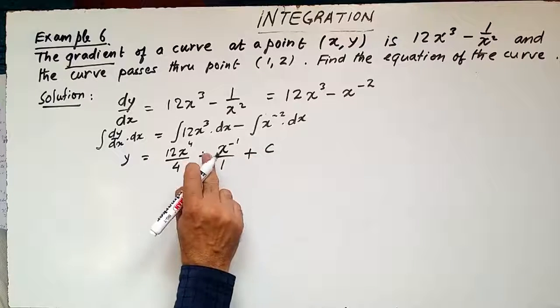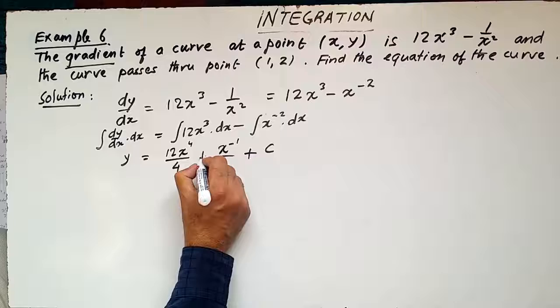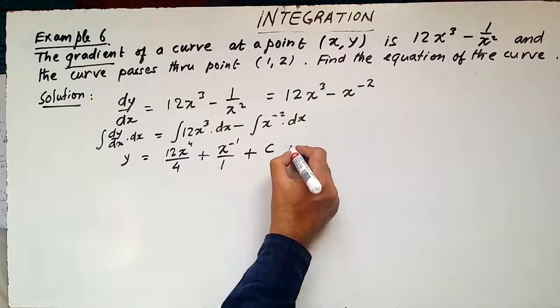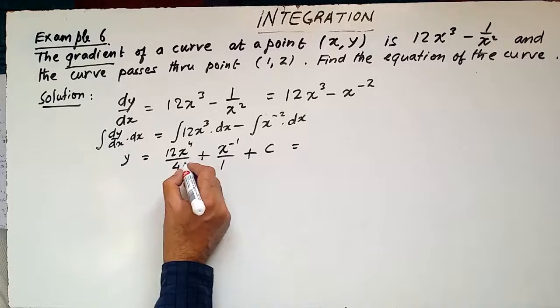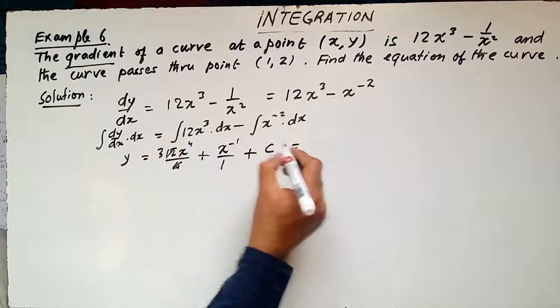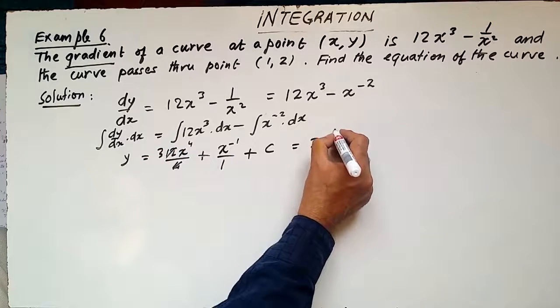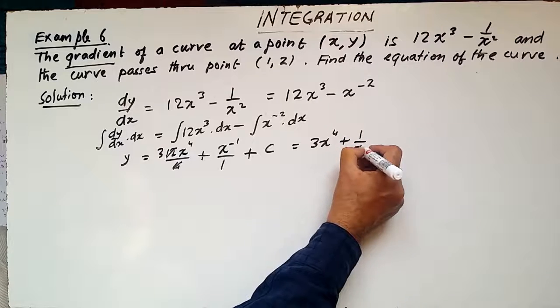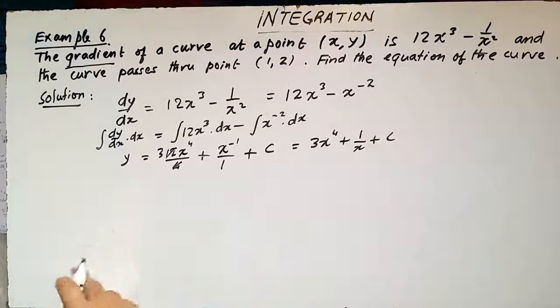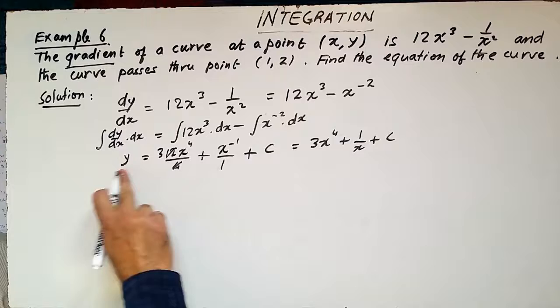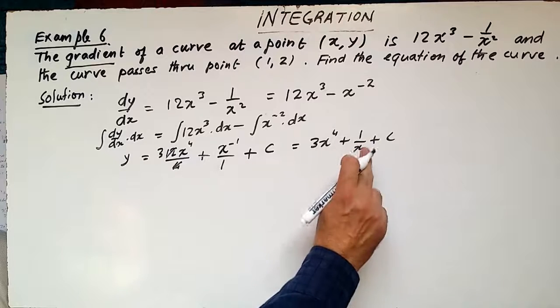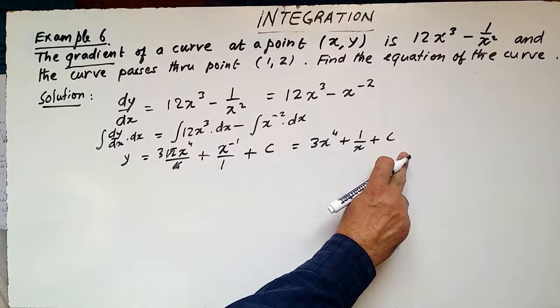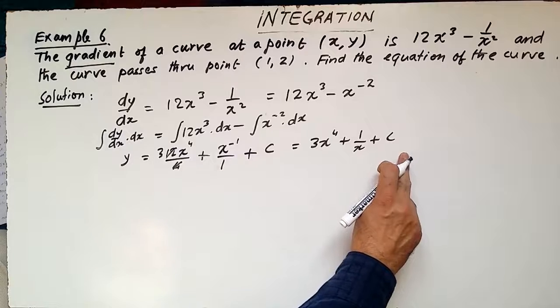Finally we get the expression, and this 4 we can cancel with this 12. So this will become 3x to the power 4 plus 1 upon x plus c. So y is equal to 3x to the power 4 plus 1 upon x plus c is the equation of the curve.